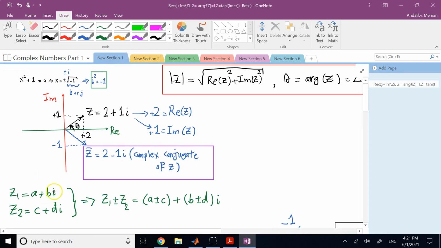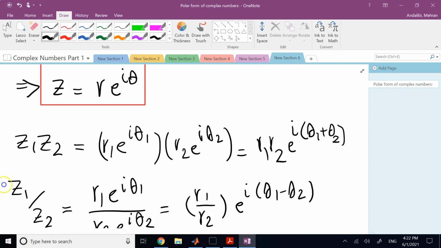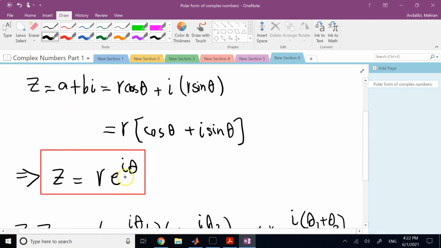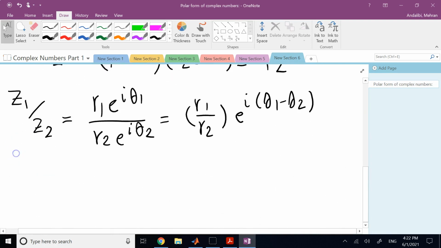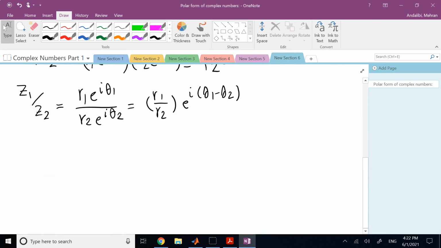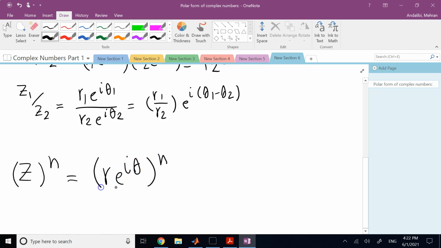For addition and subtraction, the form of imaginary and real is easier, because you can easily multiply and divide exponentials, but when you want to add and subtract them, it's not that easy. And the better power of this is when you want to raise a complex number to a power n. So now this is r e to the I theta, the whole thing to the power n.